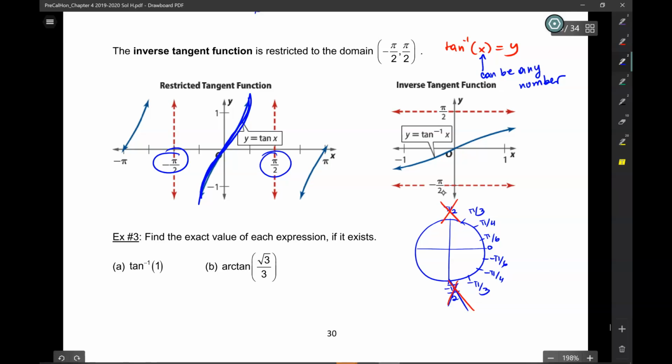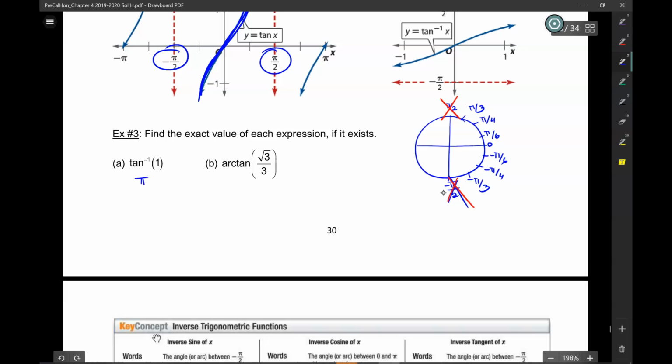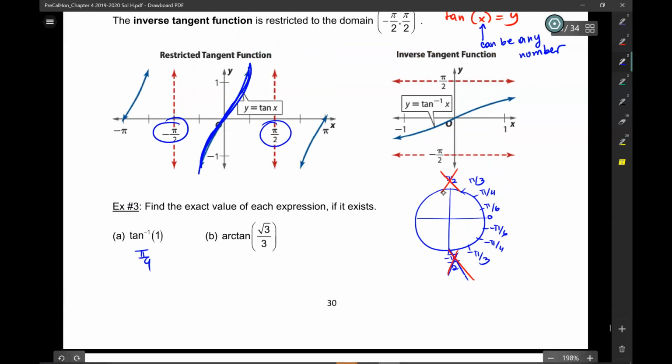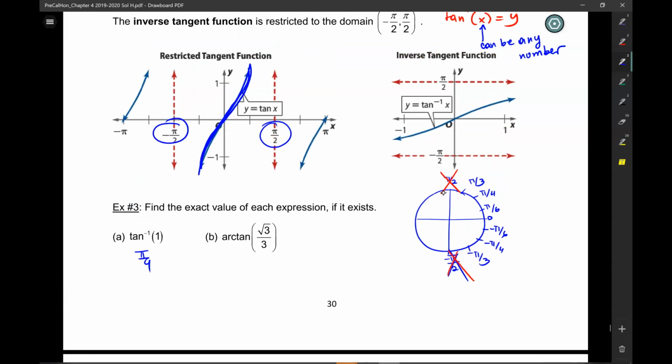For what angle is tangent 1? Opposite over adjacent is 1. For what angle? 45 or pi over 4. So, how about arc tangent of root 3 over 3? I want the tangent to be root 3 over 3, which is the same as 1 over root 3.